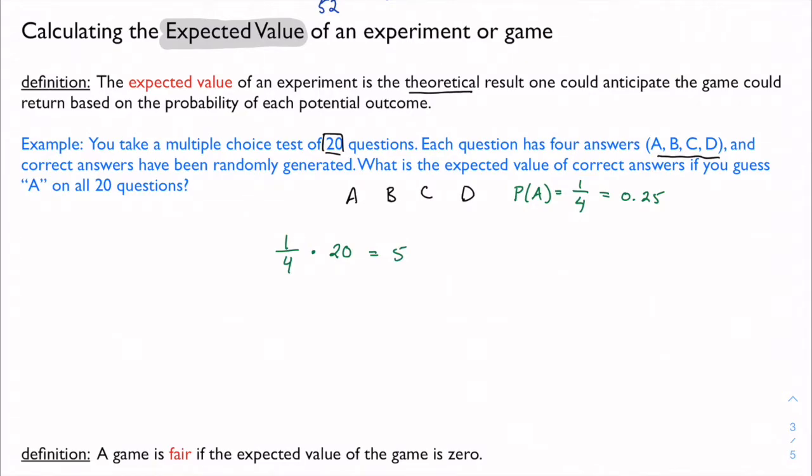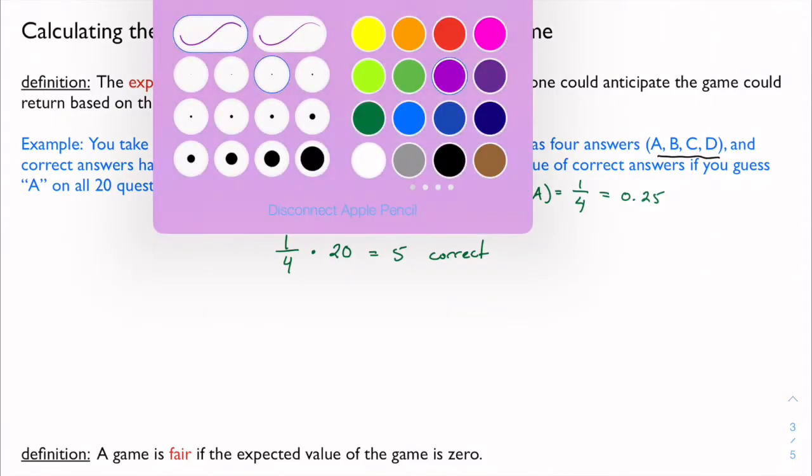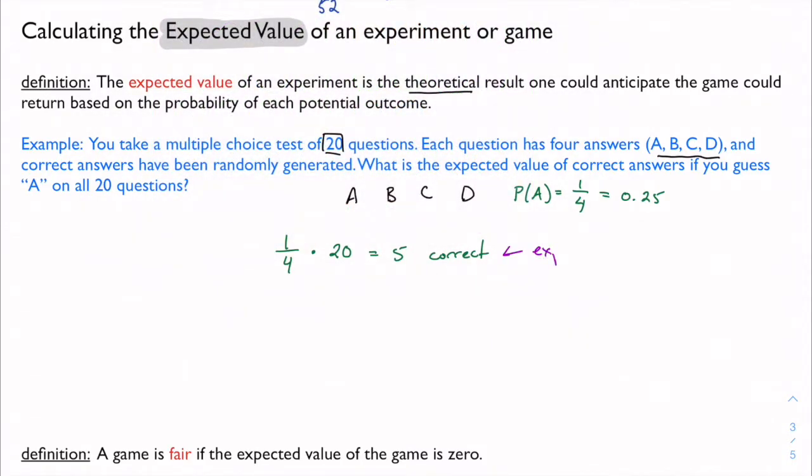Right, if I just randomly guess A, assuming that everything's been equally likely to occur, I should hopefully get at least 5 correct. This is my expected value, right? This is what we call our expected value.